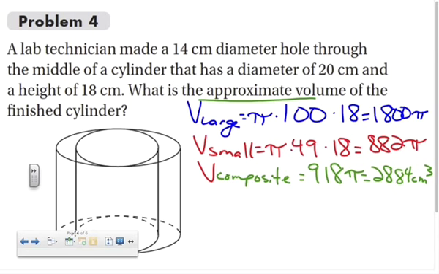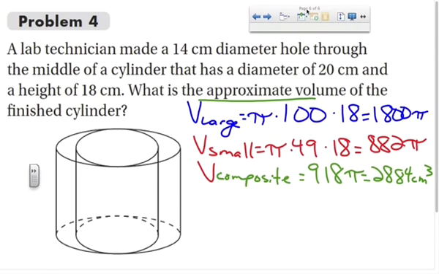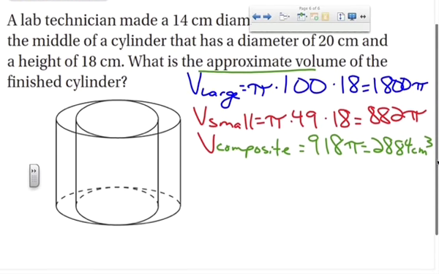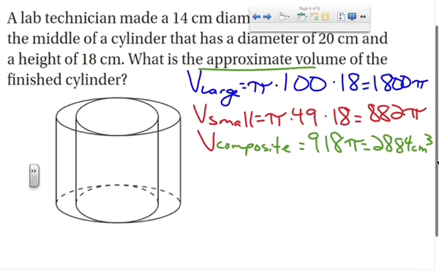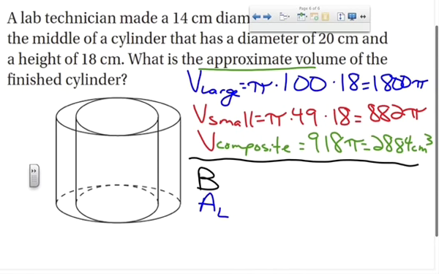Okay, like I said, I wanted to show you another way to do this problem. That would involve figuring out the area of the capital B, the area of the base. The area of the base is just a big circle minus a small circle. So the area of the large circle would be pi times 100.